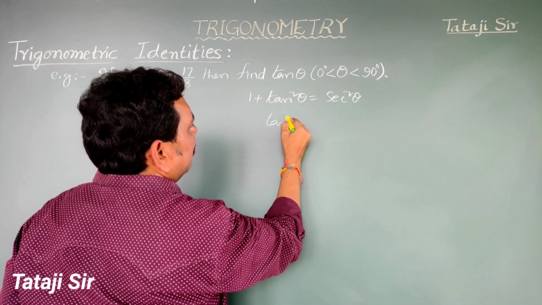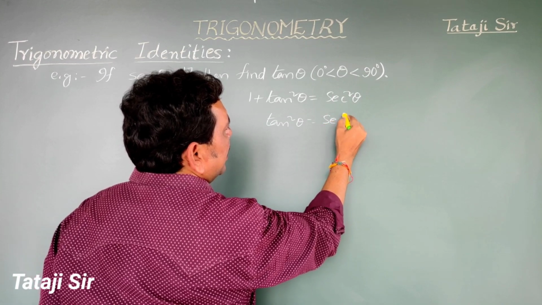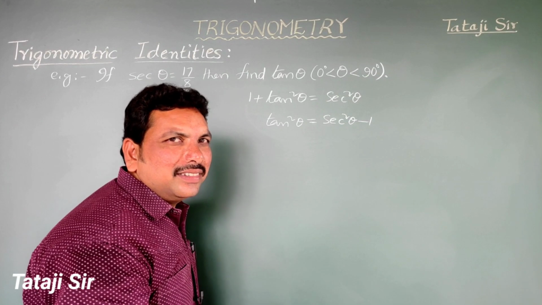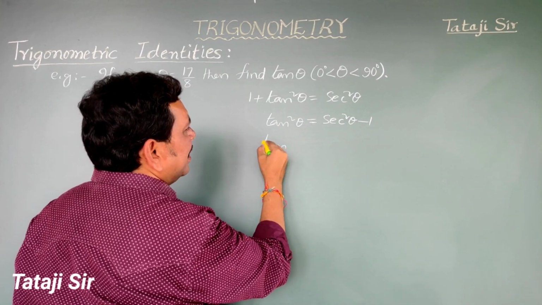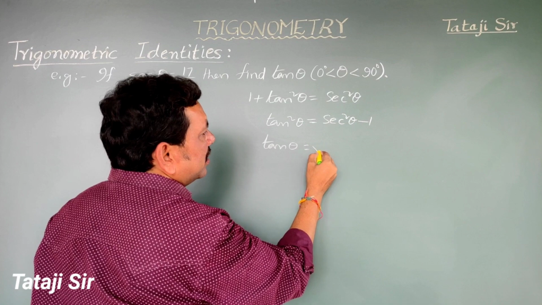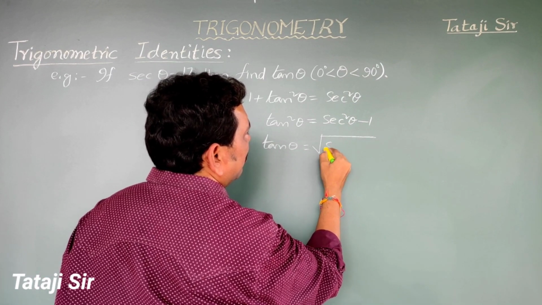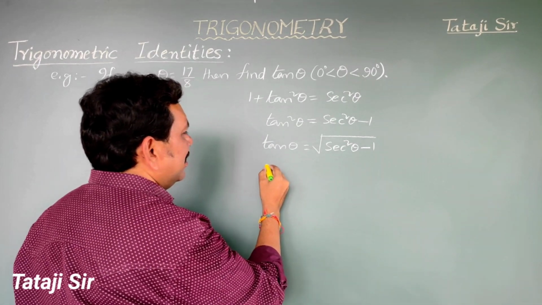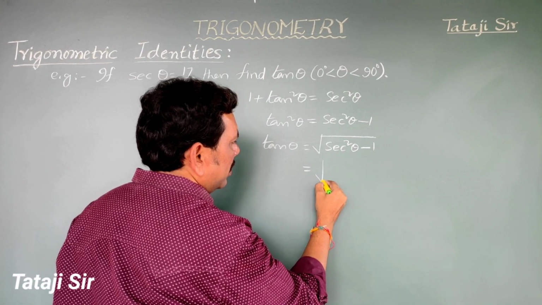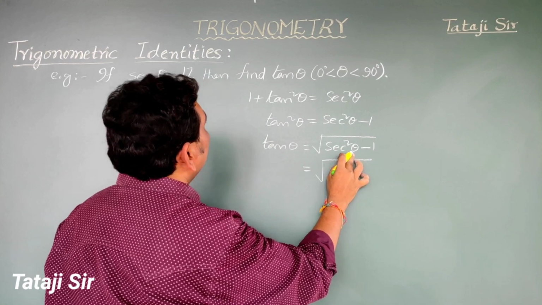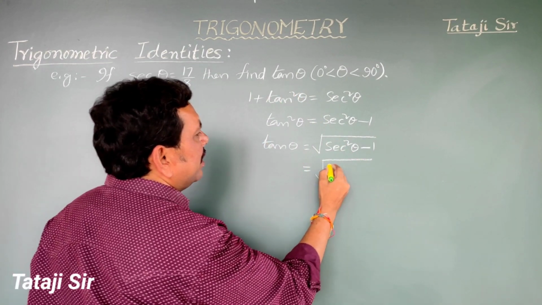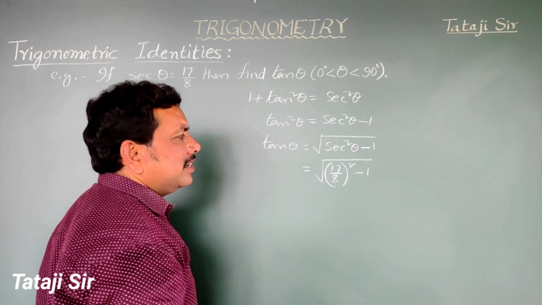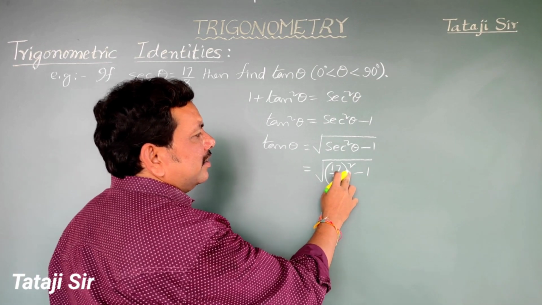So tan square theta is equal to secant square theta minus 1, transferring the 1 to this side. Then tan theta is equal to, applying square root on both sides, root of secant square theta minus 1. Substitute here, secant theta is 17 by 8: root of 17 by 8 whole square minus 1.